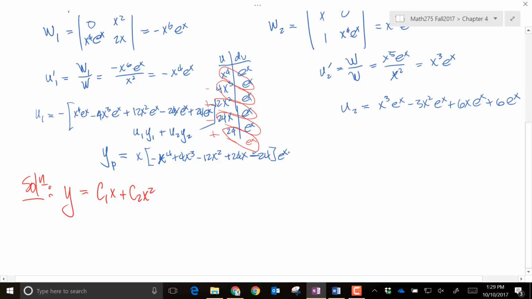And then the e to the x gets factored out. And then the next one, we're going to multiply this by x squared. And then I'll also factor out an e to the x. So that's x cubed minus 3x squared plus 6x minus 6. Oh, here, yeah. They're alternating.